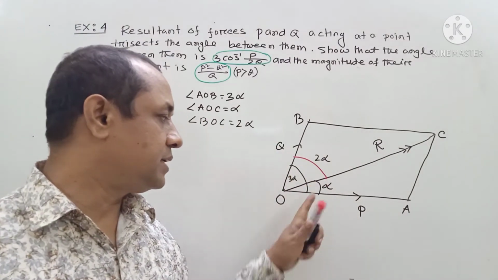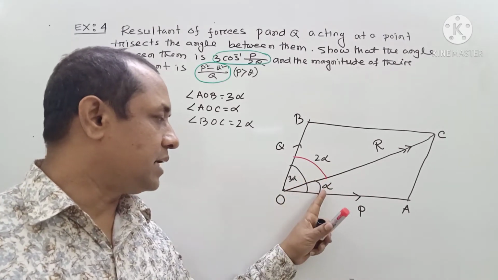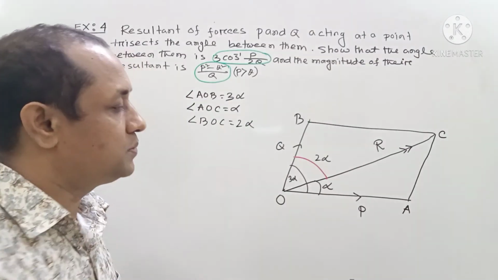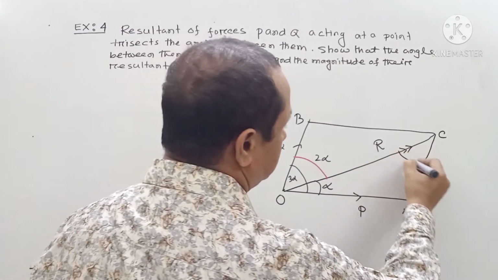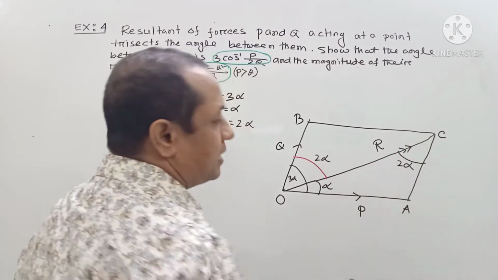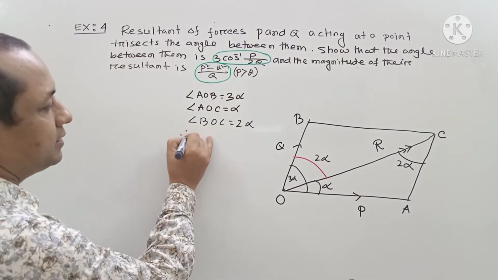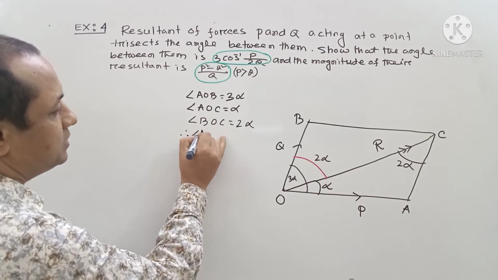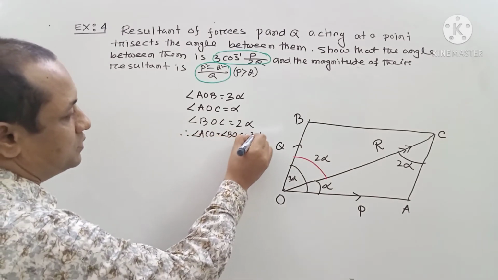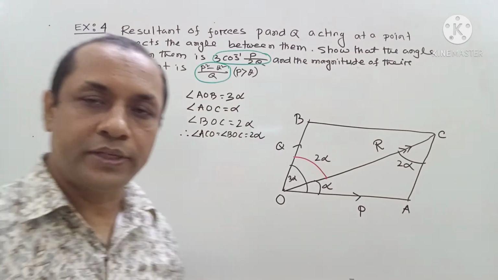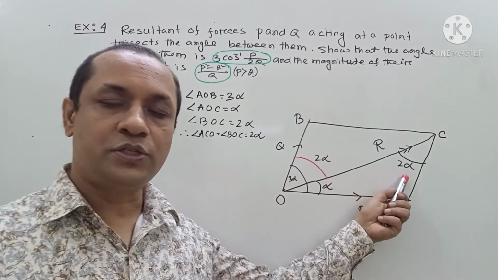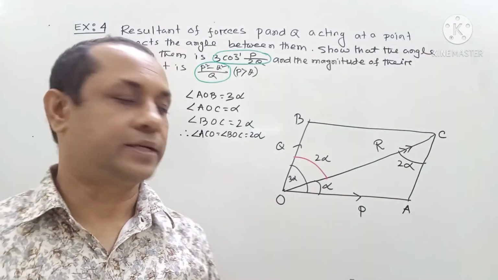Here AOC is alpha, so BOC is twice alpha. So BOC equals ACO, being alternate angles, each twice alpha. So angle ACO equals angle BOC equals twice alpha.